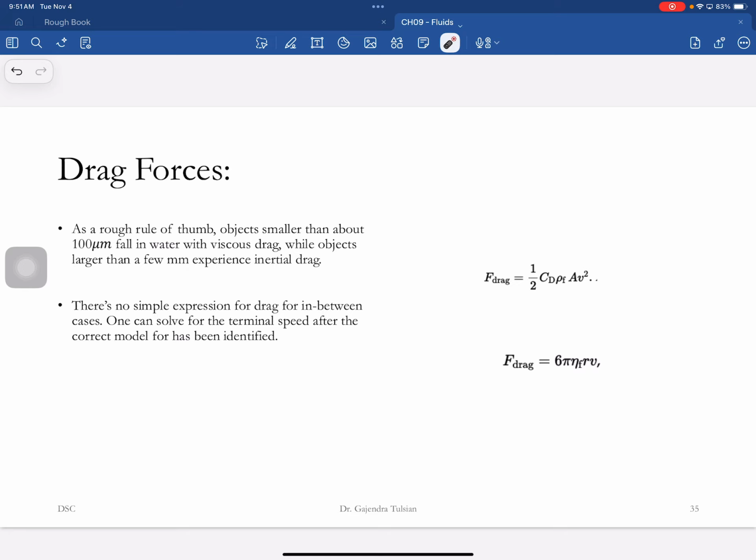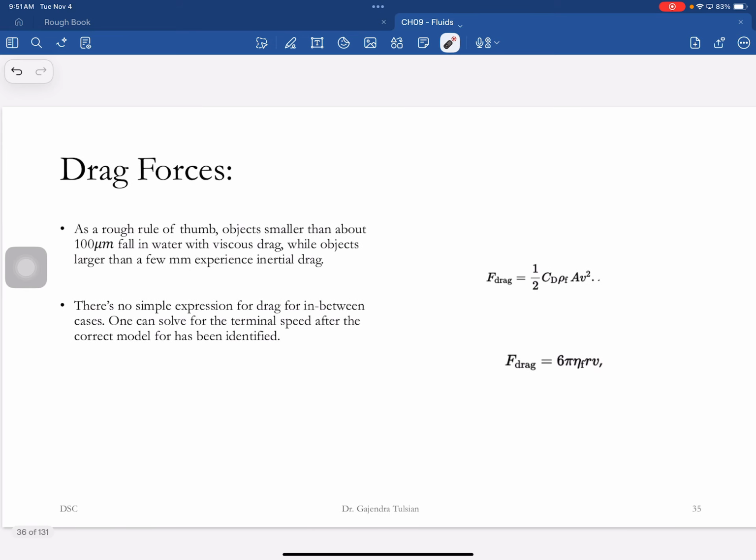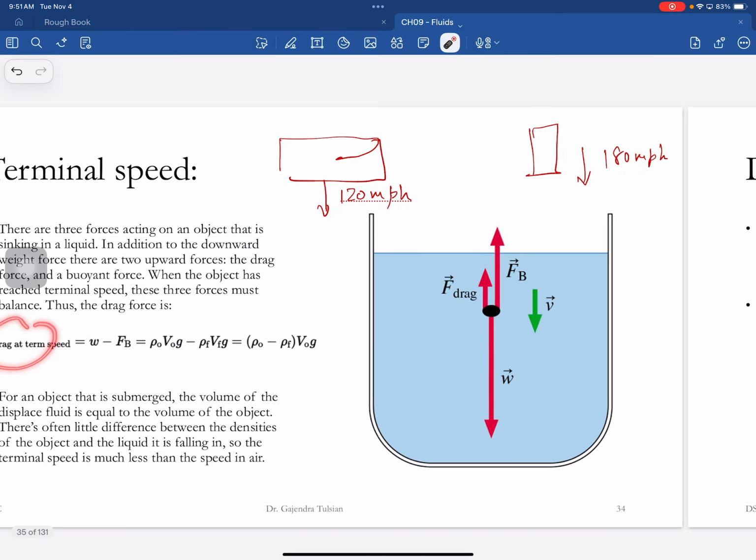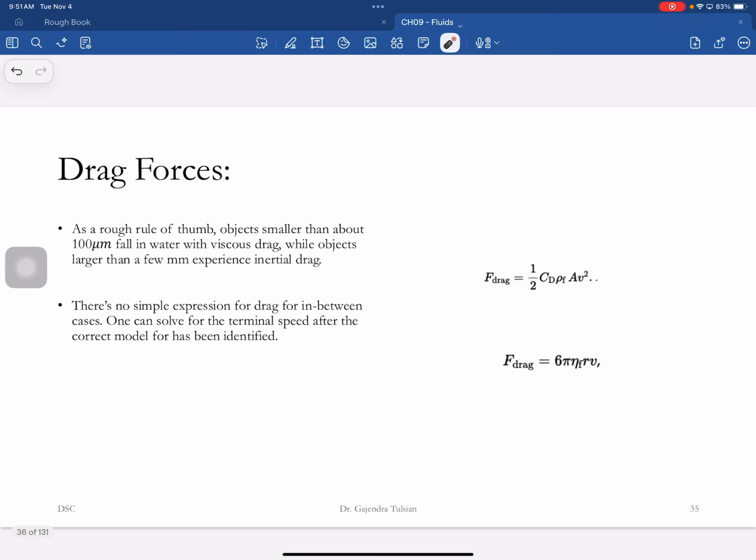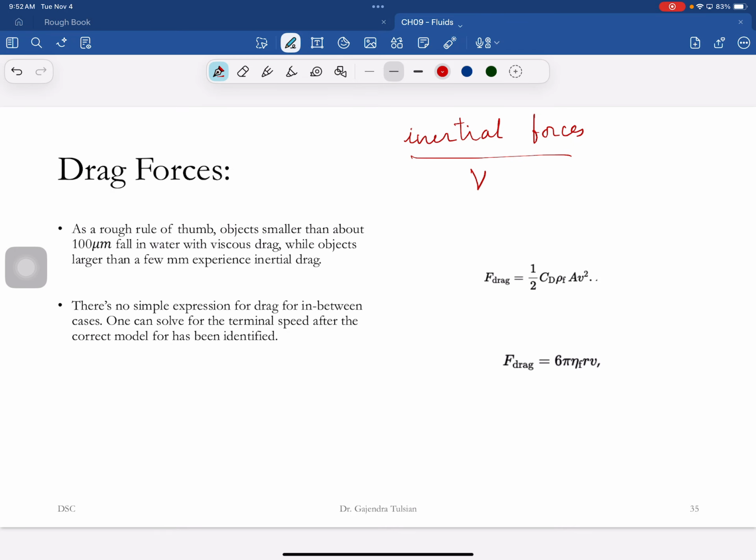All right, so there are two kinds of expression for the drag force. If you look at one of the previous chapters, there are two forces: inertial forces, and then viscous forces in the liquid.